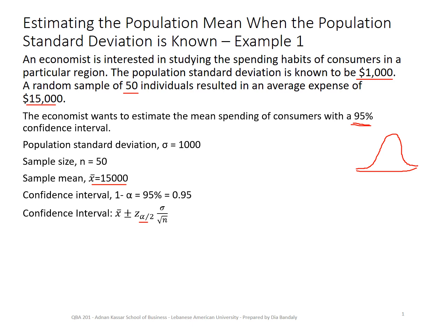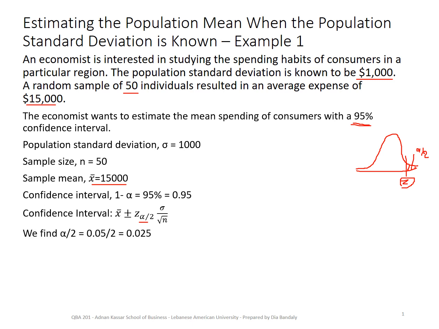So what's Z alpha over 2? That's a value here such that the area here is alpha over 2. So that's why I need to know alpha over 2, so that I can tell what my Z value is, and then I will replace it into that term.